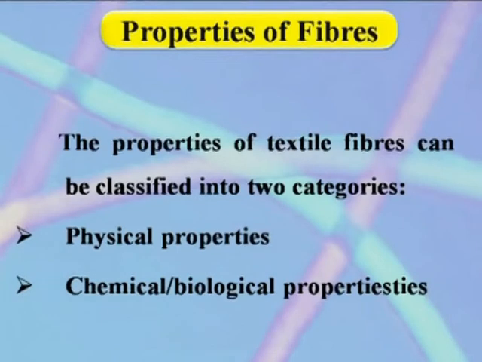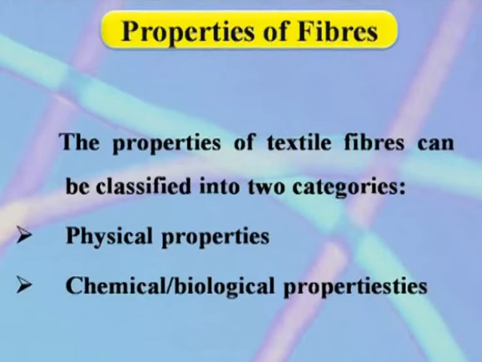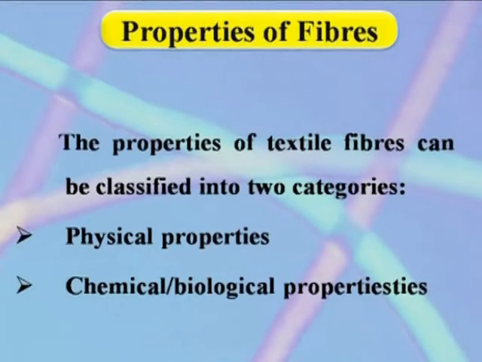Properties of fibers. The properties of textile fibers can be classified into two categories: physical properties, and chemical or biological properties.